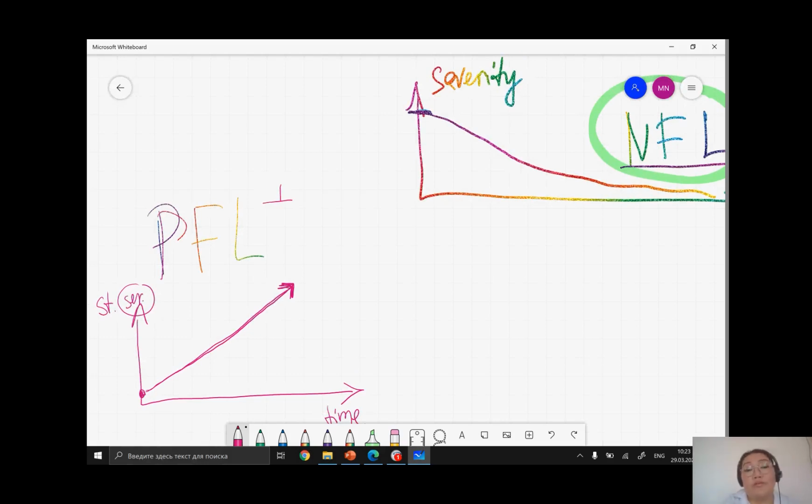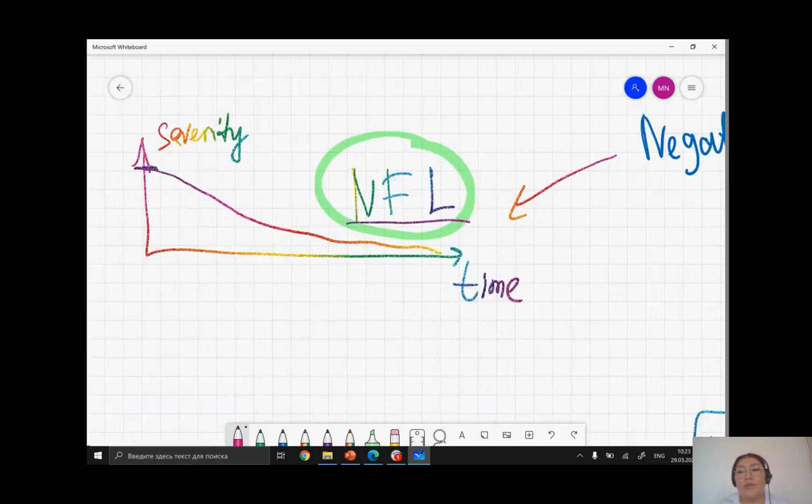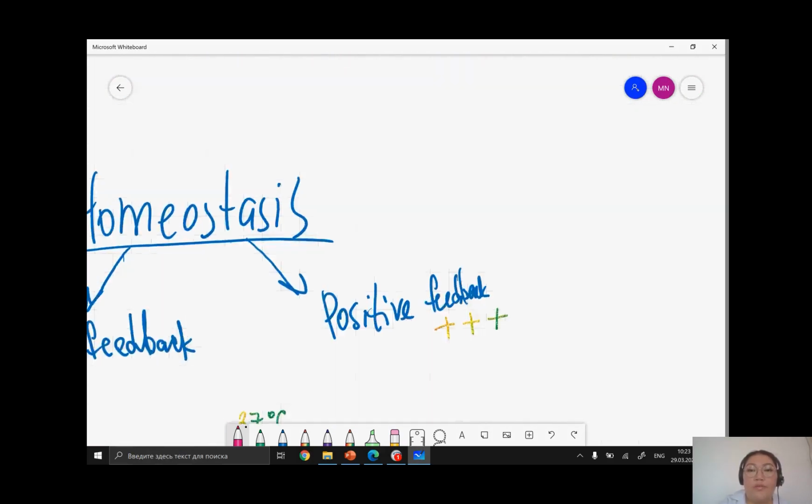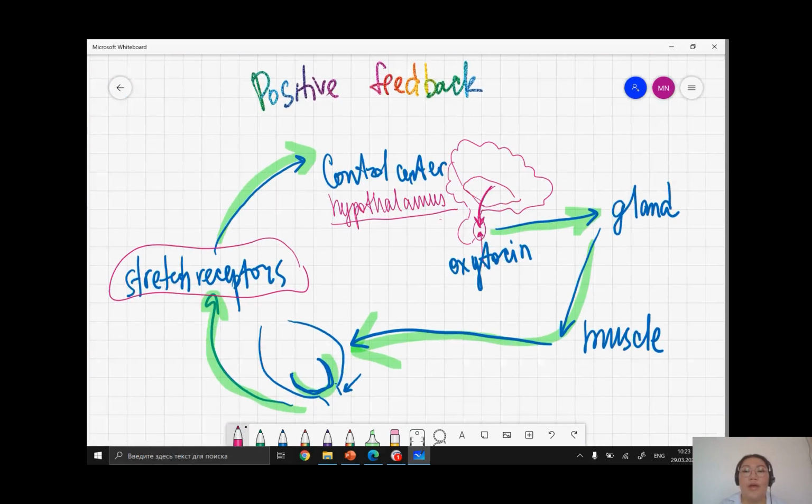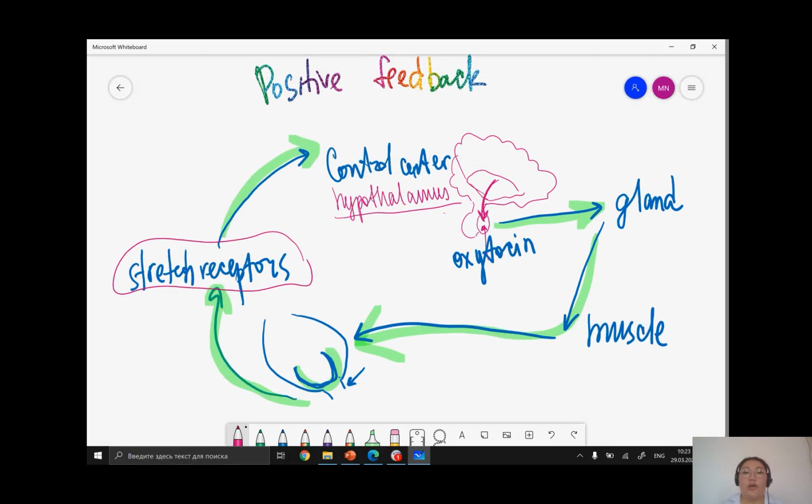Compare it. That's why we call it positive. Positive means it will add more and more consequences to the stimulus. Actually, it doesn't even need repeated action of the stimulus. It's just one stimulus and then a lot of actions after that. Until which point do we have the positive feedback and the uterine contractions?